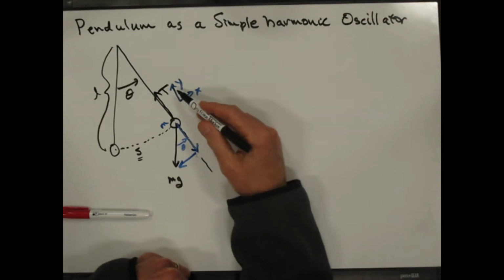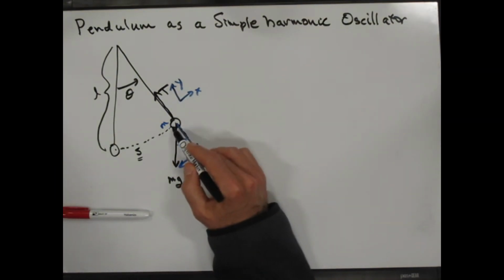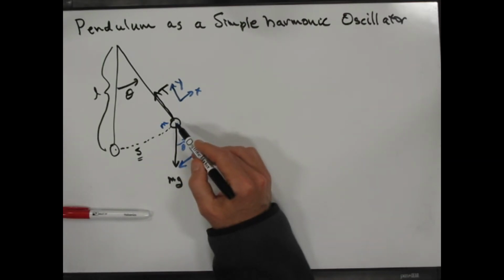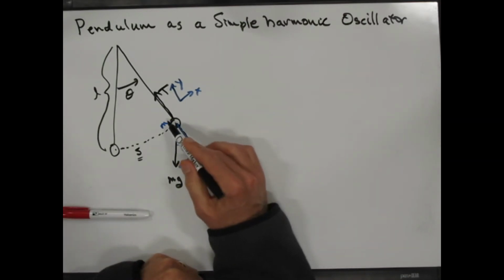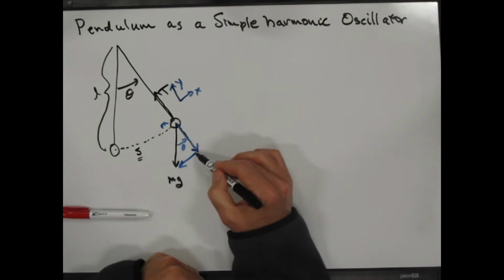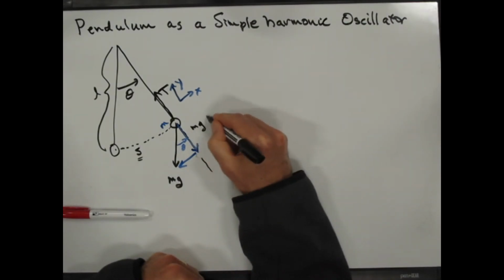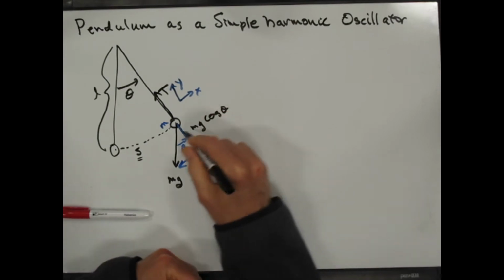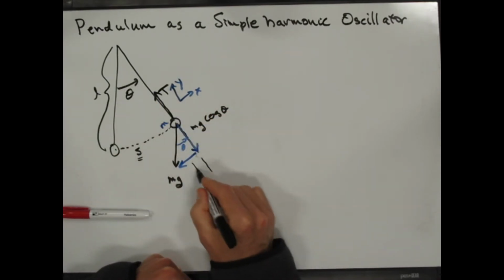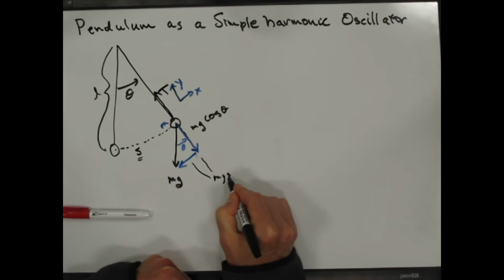At this point, we're going to do a free body diagram where the y-axis is lined up along the tension, and the x-axis is lined up perpendicular to that. Then we're going to break these forces down. The tension is right along the y-axis, but if I take the weight, this becomes mg cosine theta, where theta is the angle of the pendulum, and this piece here is mg sine theta.